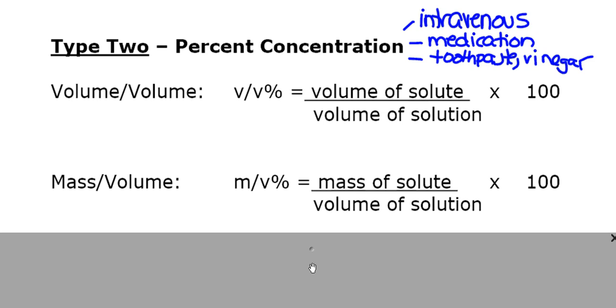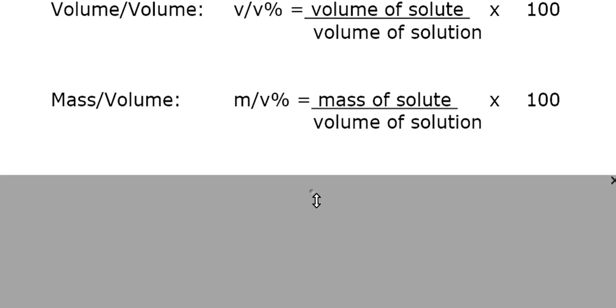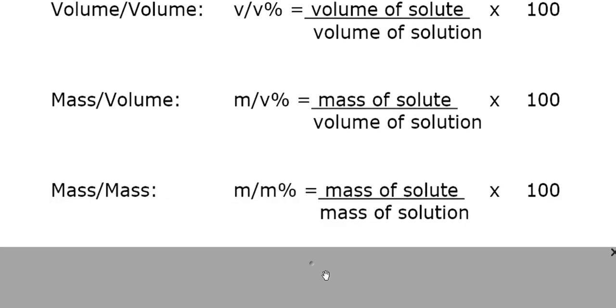It works very similarly. Mass of solute over volume of solution times 100%. And then there's one more that you'll see, and it's got two masses. Mass of solute over mass of solution. Again, here the units don't matter. It can be grams and grams or kilograms and kilograms. That's totally fine.